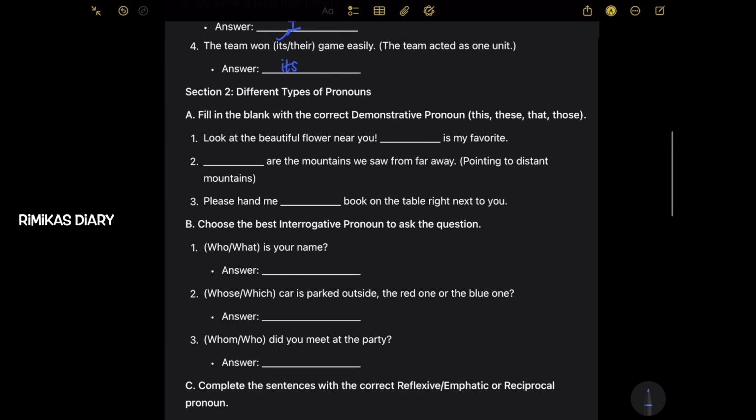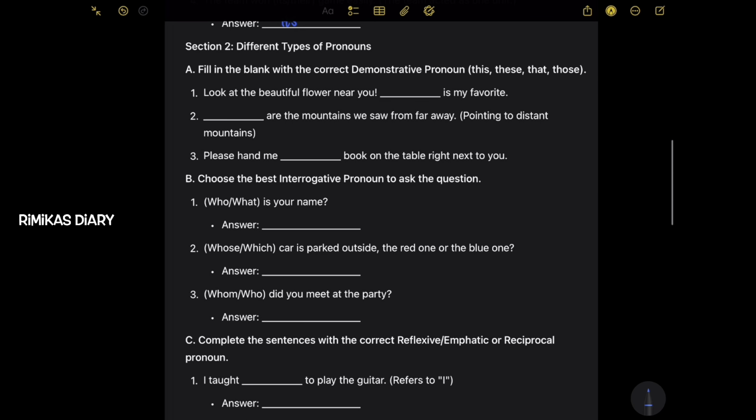Section 2, different types of pronouns. Fill in the blanks with the correct demonstrative pronoun: this, these, that, or those. Look at the beautiful flower near you. Dash is my favorite. In this question, they mentioned near. So if it's near, you have to use this or these. If it's far away from you, you have to use that or those. These two come for plural form.